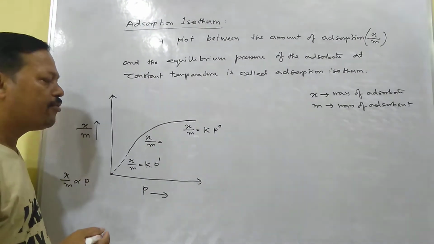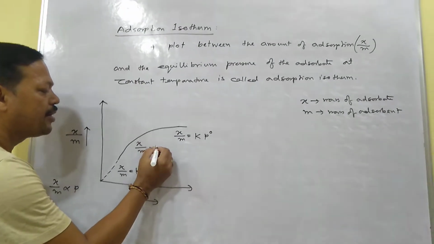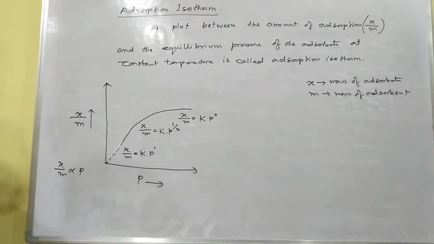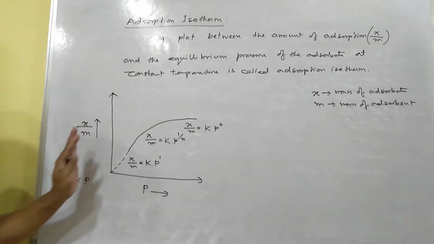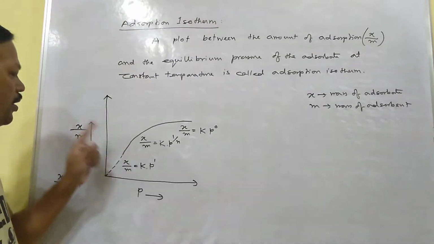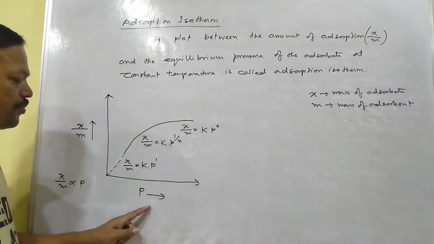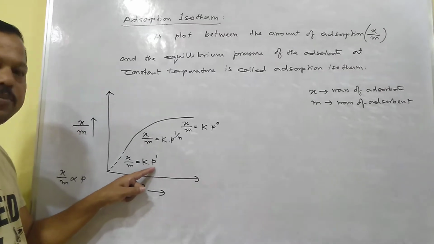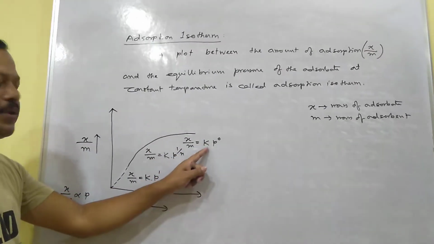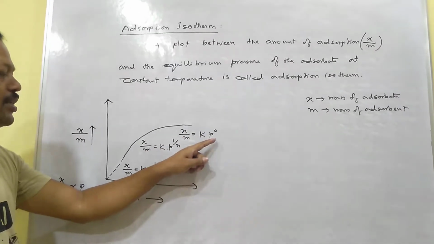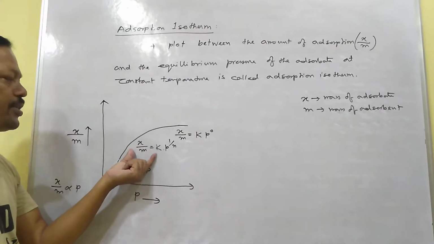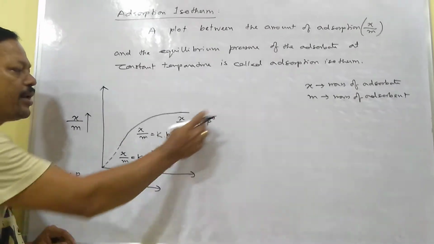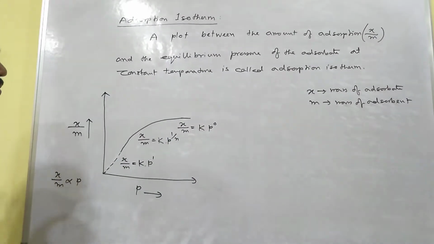It will be a fraction. That's why you can write k into P to the power 1 by n at the intermediate range of pressure. So this is the plot between amount of adsorption versus pressure. At low pressure, it is directly proportional to pressure. At high pressure, it is independent of pressure. And at the intermediate range, it depends on pressure to a power between 1 and 0, that is, a fraction.